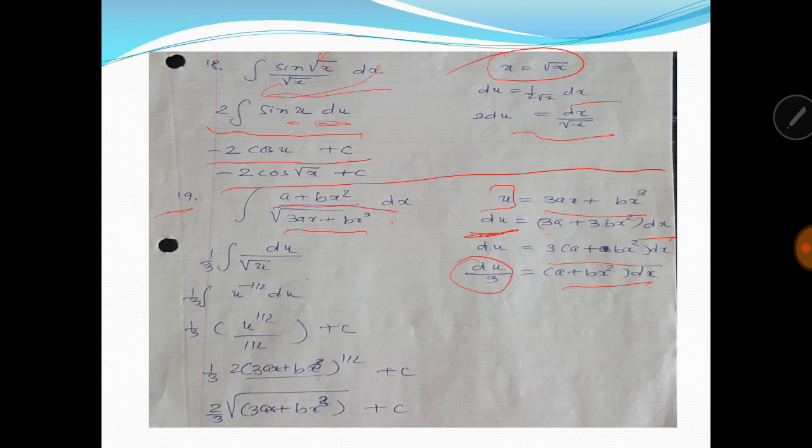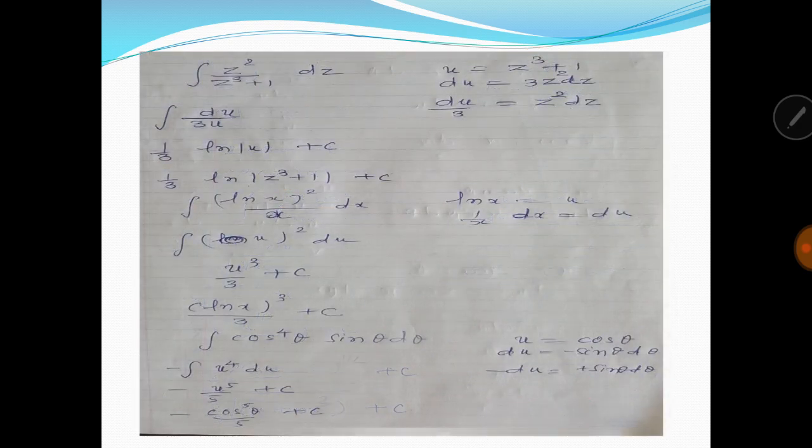You have in the numerator a plus bx square dx, that you replace by du by 3. So you have du by 3, and this you replace by u. So you have u power minus 1 half du. So that gives you u power 1 half divided by 1 half plus c. You replace u by this back. So you have 1 by 3 into 2 into 3ax plus bx cube power 1 half plus c. So that's your final answer.